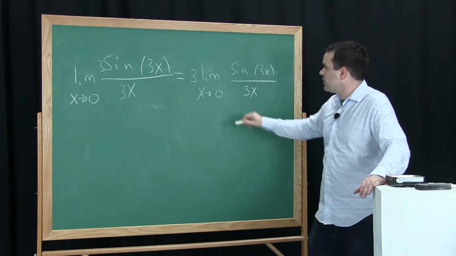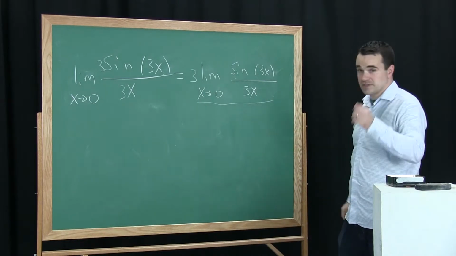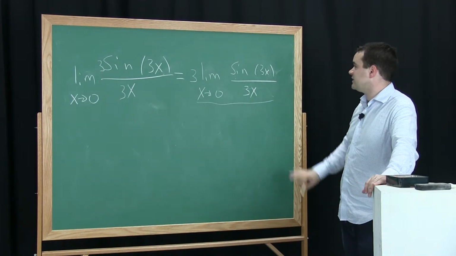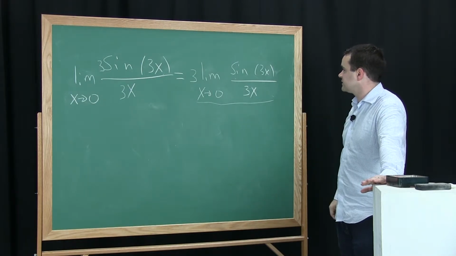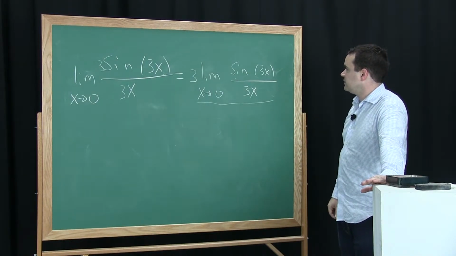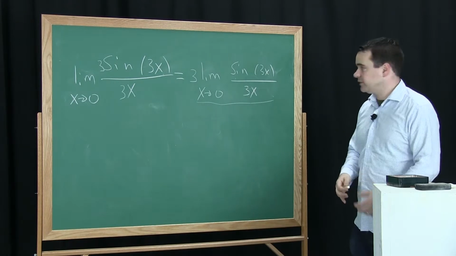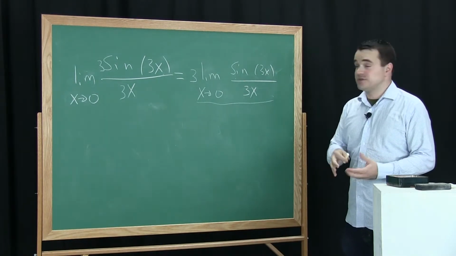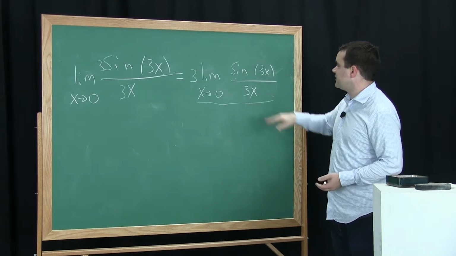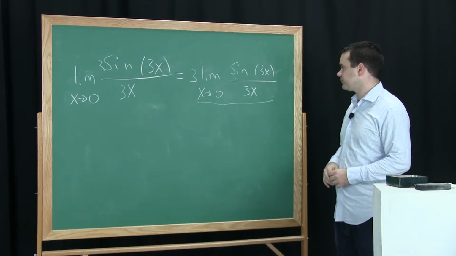At this point, you might suspect, like I do, that this limit is going to be equal to 1. The reason is, if it were sine x over x, then that limits to 1. So 3x over 3x, it's really no difference because you're plugging in the same thing that you're dividing by.